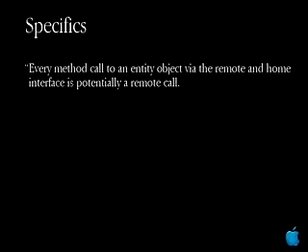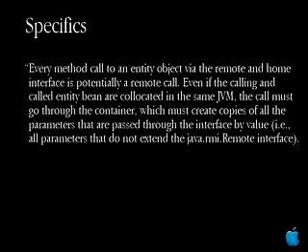Well, in fact, according to the specification, every method call to an entity object, that's a form of EJB, via the remote and home interface, the only way to get at an EJB, is potentially a remote call. Even if the calling and called entity bean are collocated in the same JVM, the call must go through the container, which must create copies of all the parameters that are passed through the interface by value.